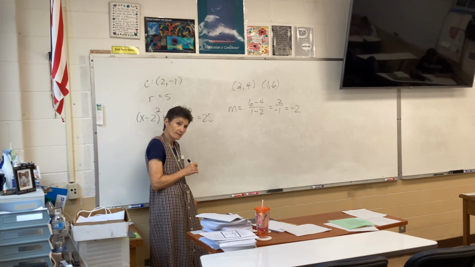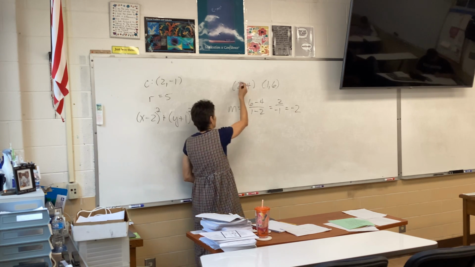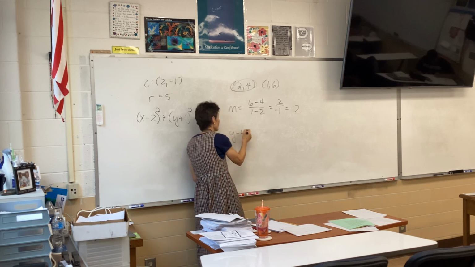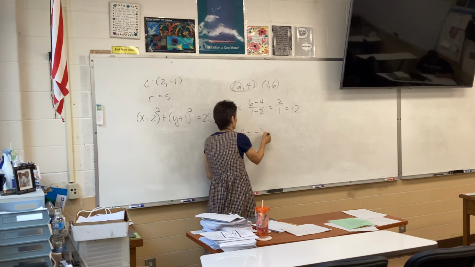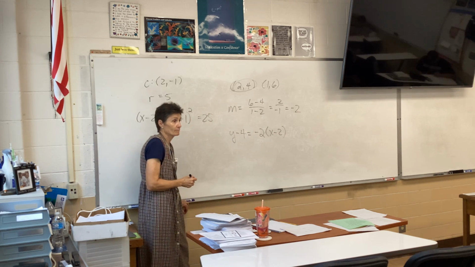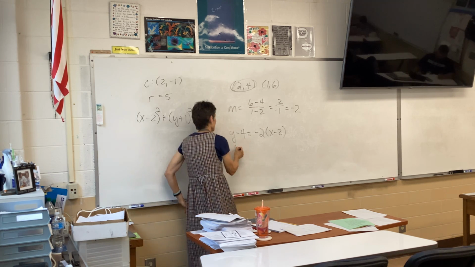We pick a point, so it doesn't matter, I'll just pick this one. And then y minus the y coordinate equals slope times x minus the x coordinate. Everybody with me? So then I'll distribute.